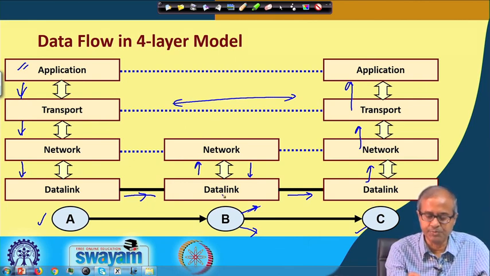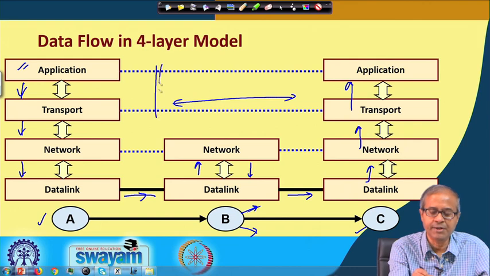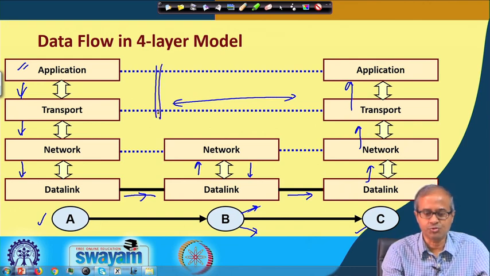This intermediate node B is not visualized at this layer and also at the application layer. Okay. These are called end to end or host to host layers.